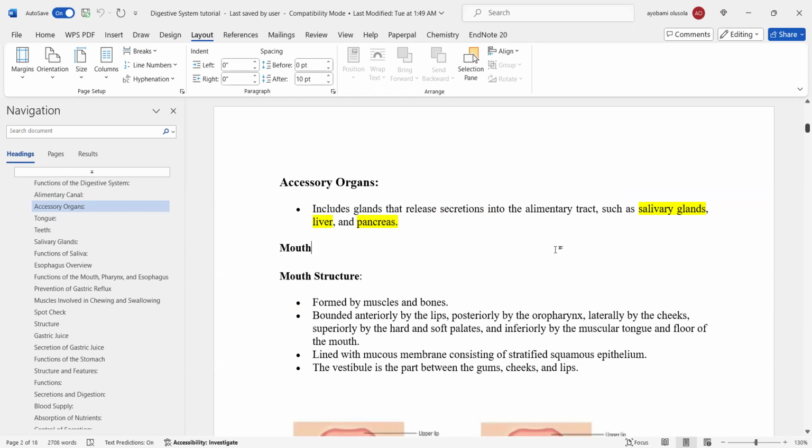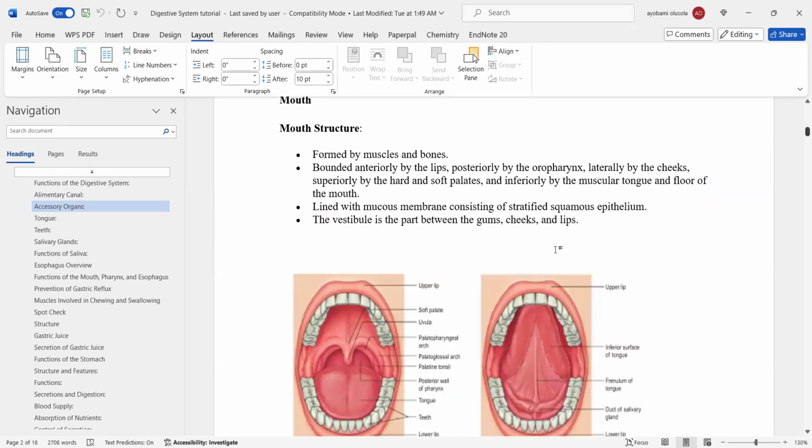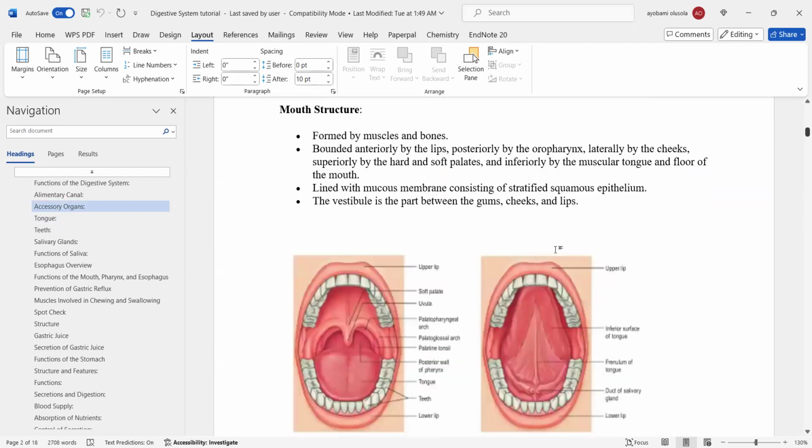Then on the floor, we have the tongue and the floor of the mouth. The mouth itself is lined with mucous membrane. You know, we said the oral cavity or the open cavity is usually lined with mucous membrane, while the closed cavity is usually lined with serous membrane.